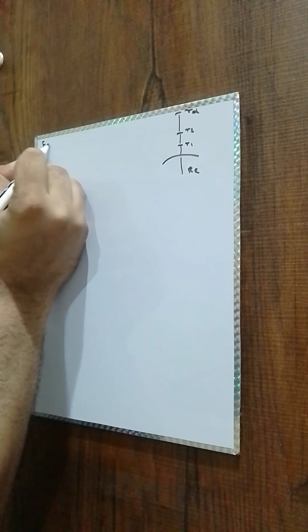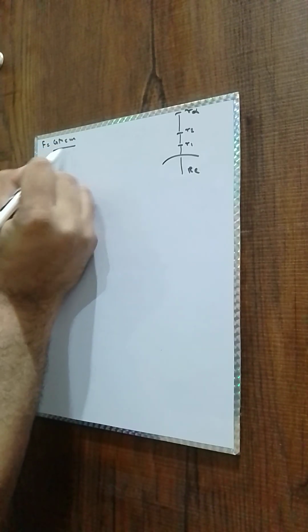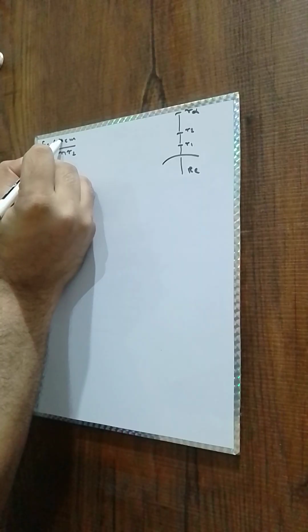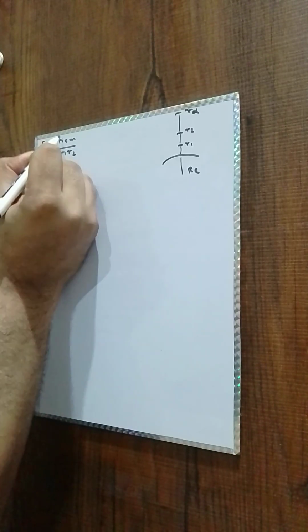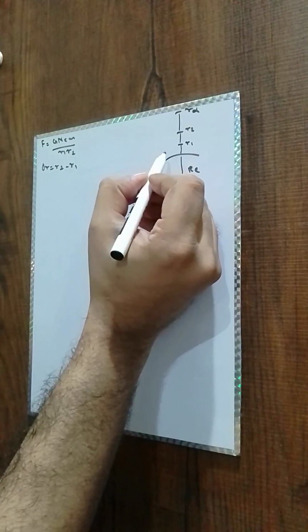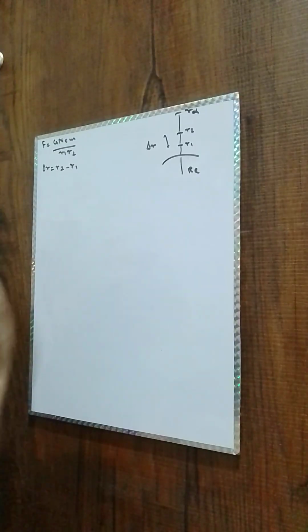So force is equal to G Me m by R1 R2, yes, and delta R is equal to R2 minus R1. So here is delta R, the step size, let's say, the differential displacement.